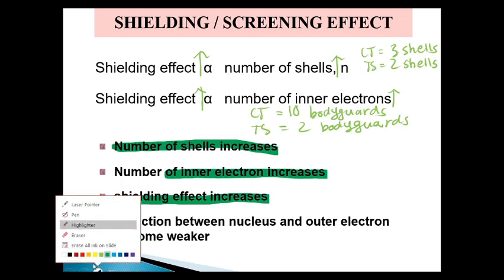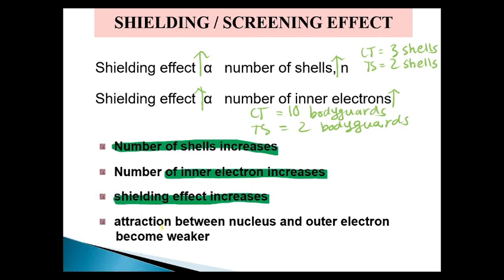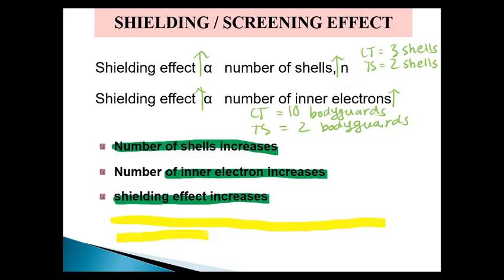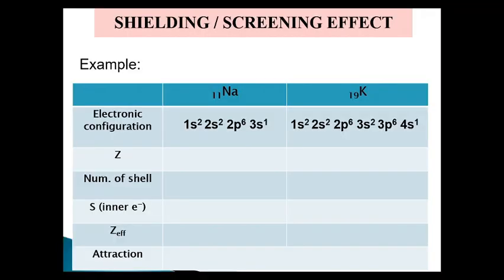So what will happen to the attraction when shielding effect increases? The attraction between a nucleus and outer electron will become weaker. Okay, let's take a look at sodium and potassium. What is the difference between their shielding effect?